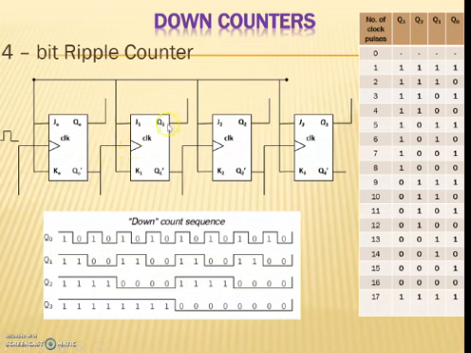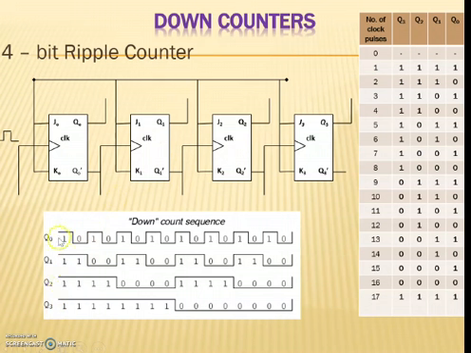Likewise, when Q1 goes from 0 to 1, Q1 bar goes from 1 to 0. This again acts as the negative transition for the third flip-flop. Likewise, it counts. Initially, all the 4 flip-flops are preset to 1 1 1 1.